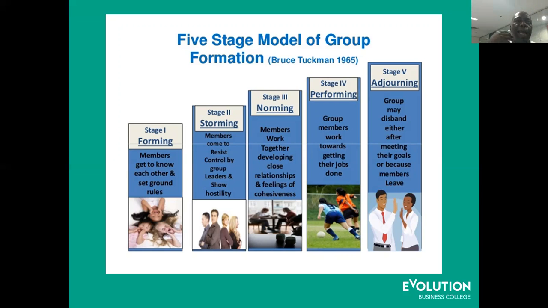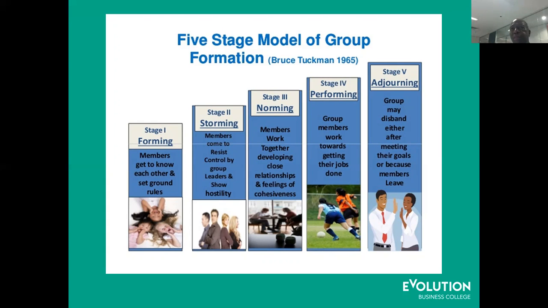And after a while, as the group begins to work together, we get into stage 2, where members come to resist control by group leaders or show hostility. All of a sudden, they start by being happy, with all these nicety things, and in stage 2 they begin to resist some of the ideas that other people might be bringing to the table, or what the leader might have.